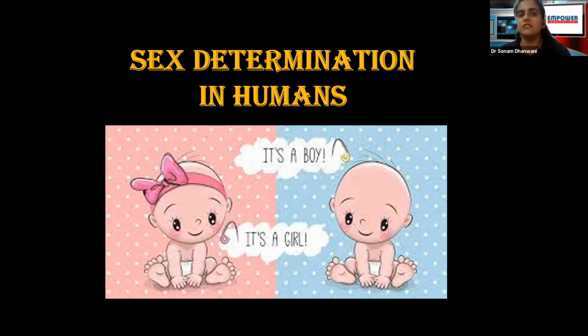We have seen in meiosis that from the recombinant chromatids, sister chromatids receive only one chromosome. So during fertilization there is going to be only one chromosome from the male partner, that is the father of the child, and one chromosome from the mother of the child.